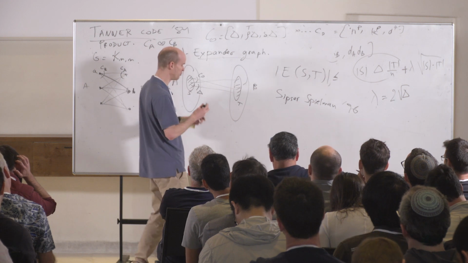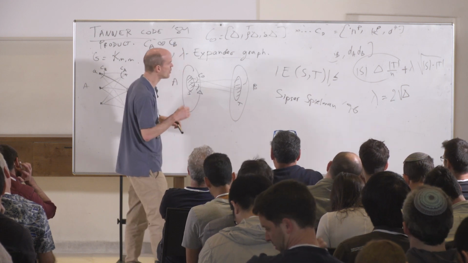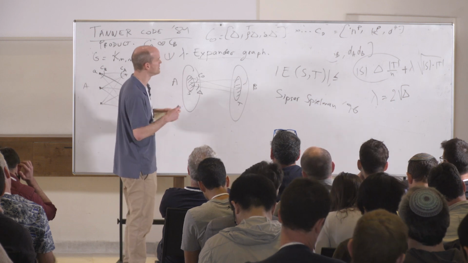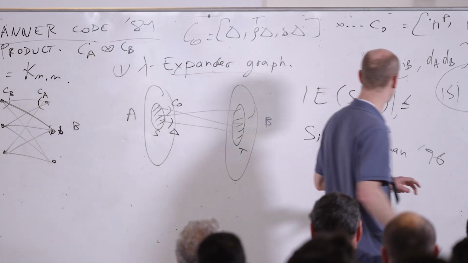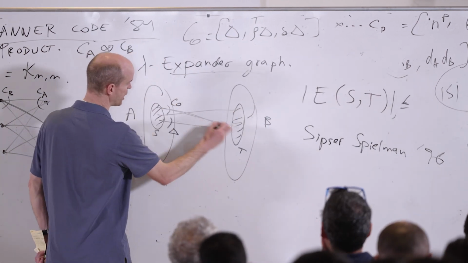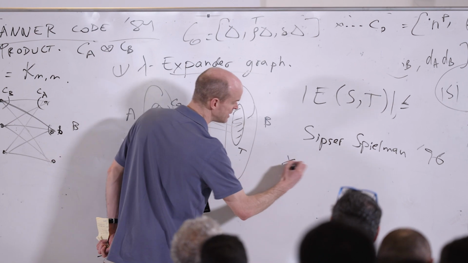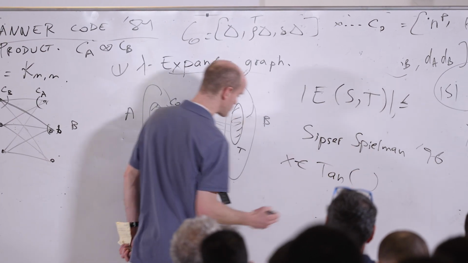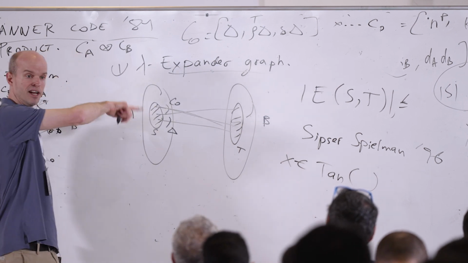And the proof is not very complicated. I will not do it in detail, but basically, if you look at a codeword X of this Tanner expander code, it is a set of edges.